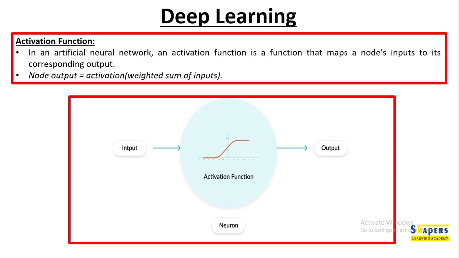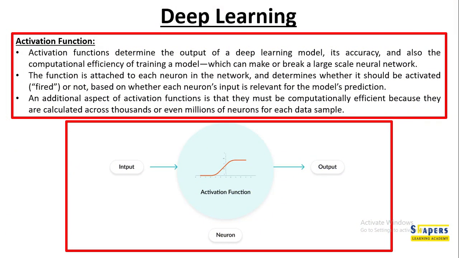There are multiple activation functions like sigmoid, tanh, ReLU, leaky ReLU, and many others. The selection of the activation function depends upon the complexity and the objective of the network. Activation functions determine the output of a deep learning model, its accuracy, and also the computational efficiency of training, which can make or break a large-scale neural network.